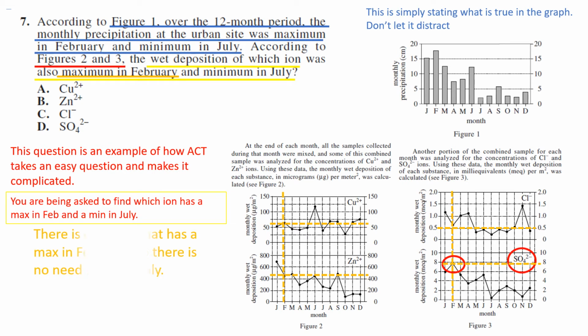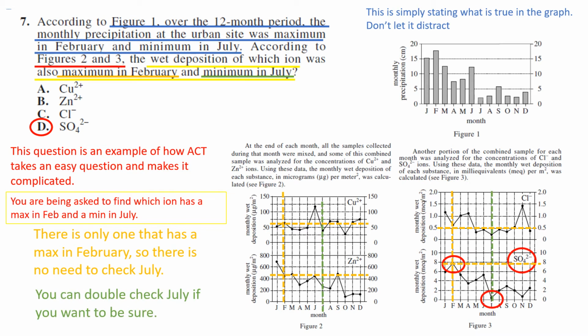So we actually already have our answer. We don't even need to check July. We know the answer is D. If you want to check July, just to be sure, you can. And you see it's also minimum in July for SO4. So either way, you have your answer. Easy question that's made to be complicated, especially by telling you to look at figure 1.